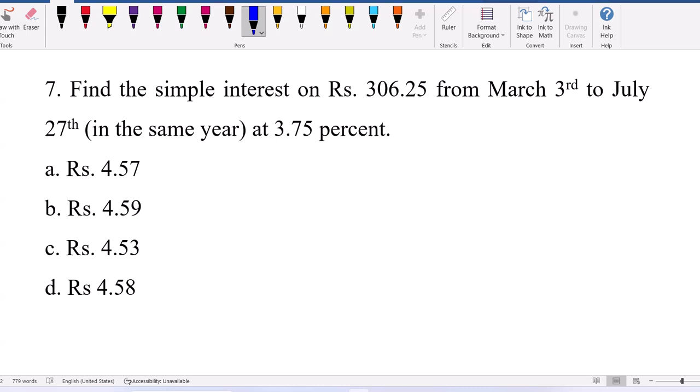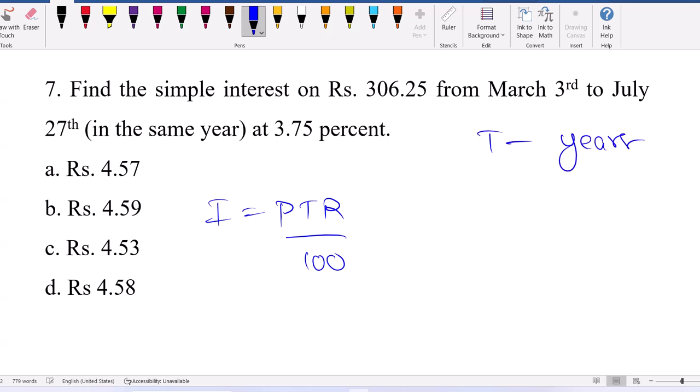An excellent question in fact, because we know, okay sir, I equal to PTR by 100. You know the principal, you know the rate of interest, but the timing is given in a different style. If you apply the formula I equal to PTR by 100, the condition is that T must be in years only. I repeat, T must be in years only in that formula.